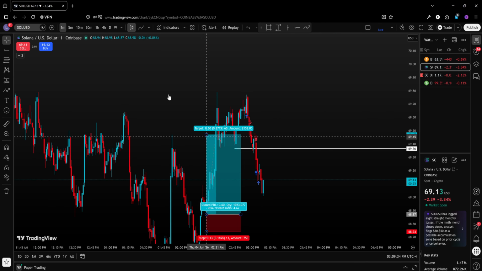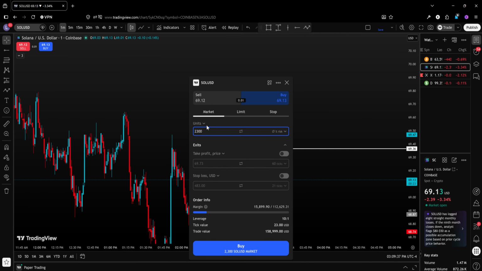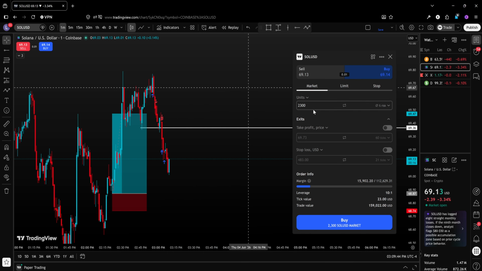Your position size. Your position size is basically the units or margin, leverage, all that good stuff. So for Solana, let's say you're on a 50K funded account with 5x leverage, right? You could do 1,880 units, which would equal basically $130,000 with leverage on it, obviously.